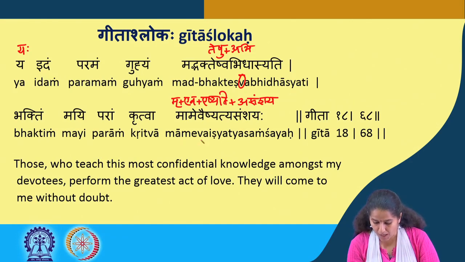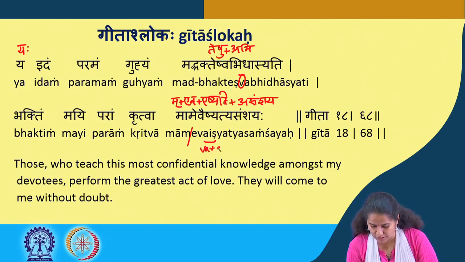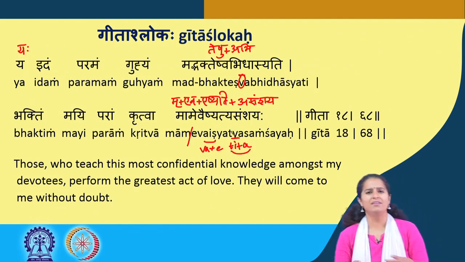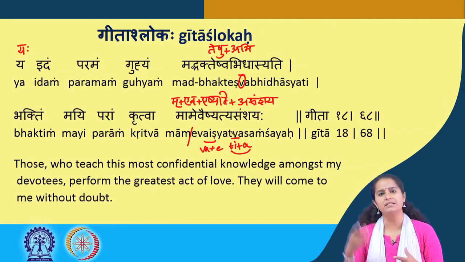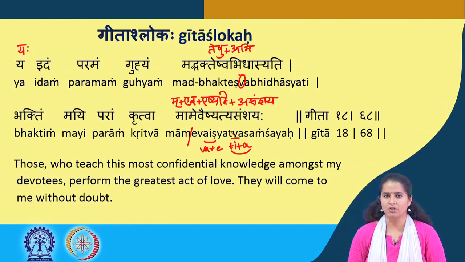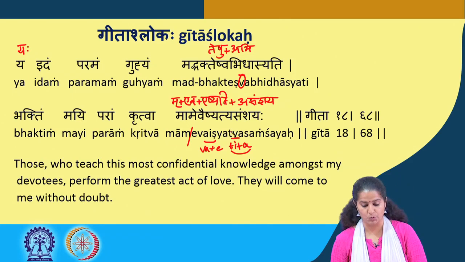Okay, mam evaishyati, mam eva. So you see here there's a break, mam eva. Eva plus eshyati becomes evaishyati. Then here ti plus asamshaya becomes tyasamshaya. Alright, so anyway, this is something that we will study a little more in detail and more systematically, but I thought I'll take the occasion to present it to you. So asamshaya, without any doubt, he will attain me, he will come to me.